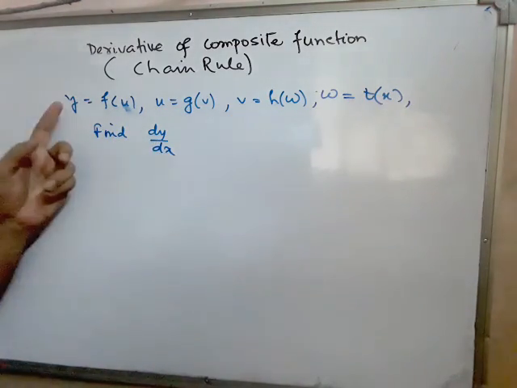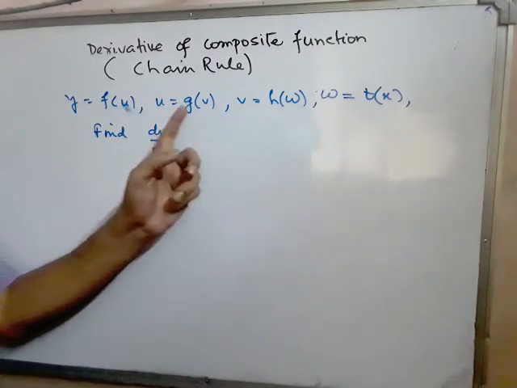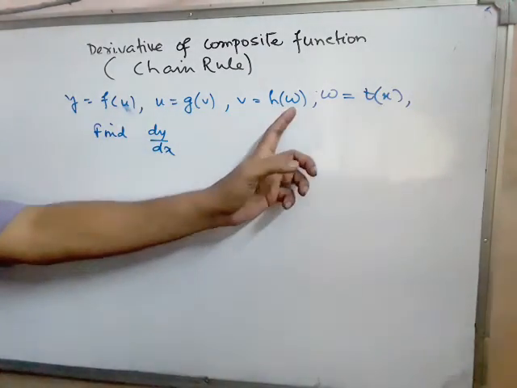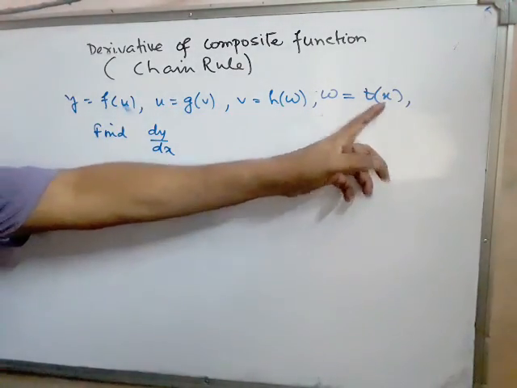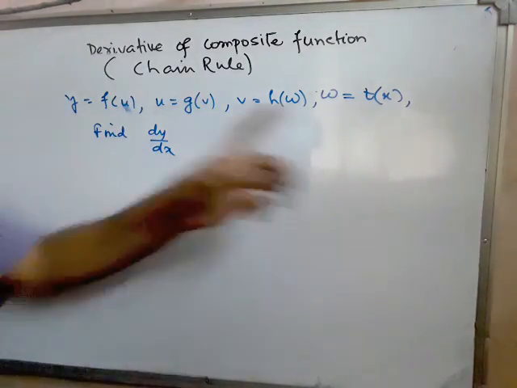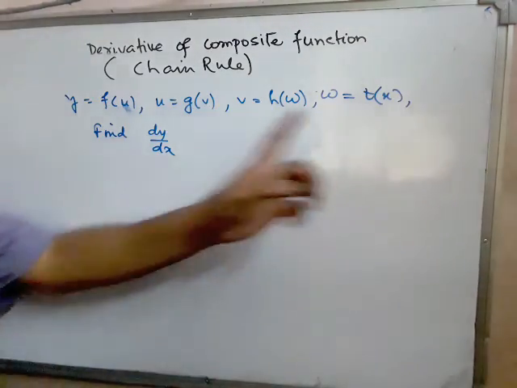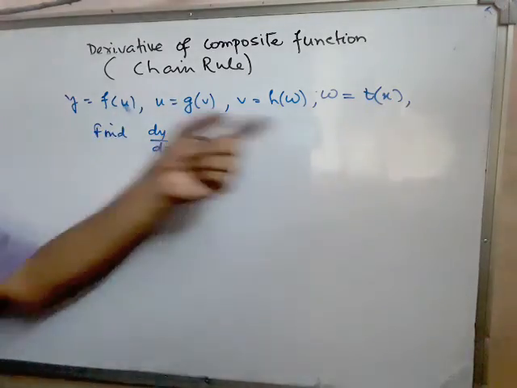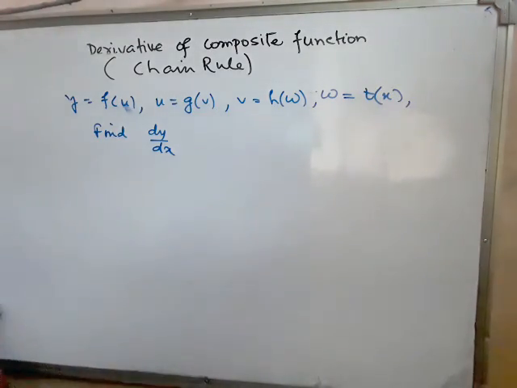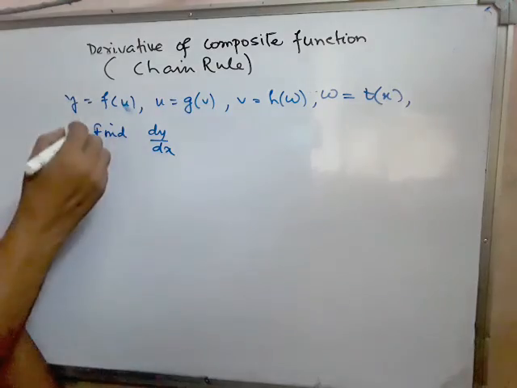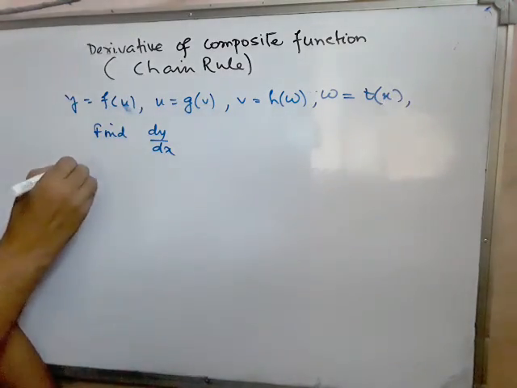So here y is a function of u, u is a function of v, v is a function of w, w is a function of x, and question asks from y to x, that is derivative of y with respect to x. In between nothing has been asked. So we have to find dy by dx in the following method.